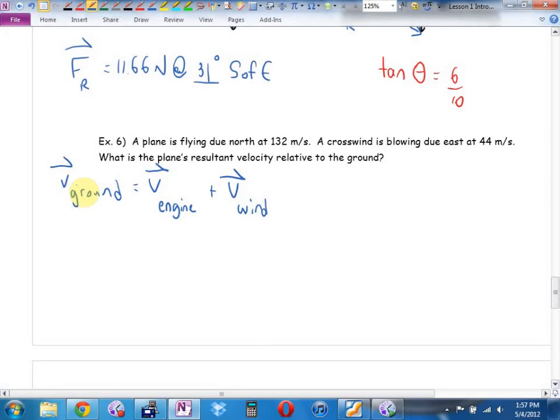If this is the airplane and the engines are pushing it straight ahead, need some more room, Mr. Dueck, to get this out in the open. If my chair is an airplane and its engines are pushing it straight ahead, but there's a side wind pushing it sideways, it'll be traveling kind of like that. It's pointing that way, but it's moving diagonally.